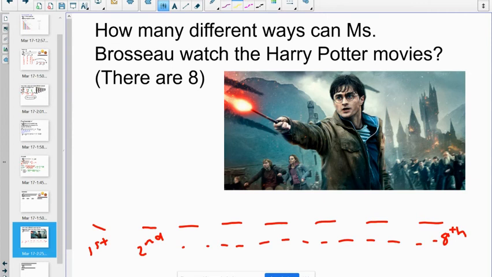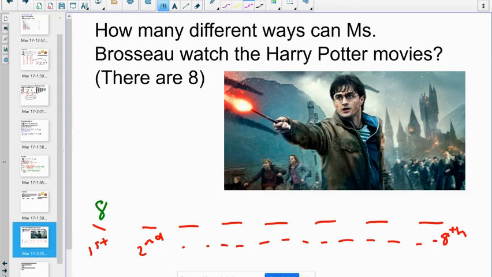So for that first spot here, this is going to be relating back to factorials. It could be how many different films can I pick for that to watch first? We haven't picked one yet, so we know there's still 8 options. And then how many different options are left if we already picked one to watch for our second one? So let's say I wanted to go in order here.